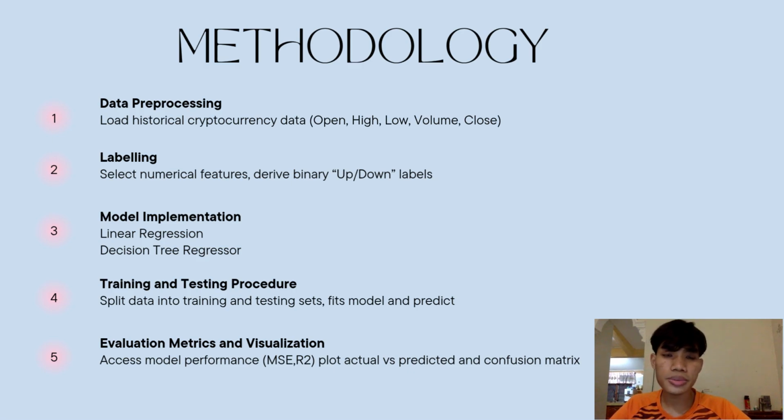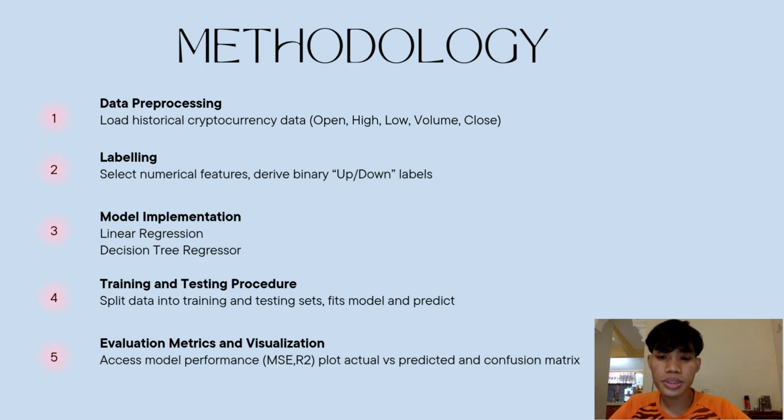The fourth step is training and testing the data. We split the data into about 80% training and 20% testing, so we can fit the model and predict on the data. The last step is evaluation and visualization.